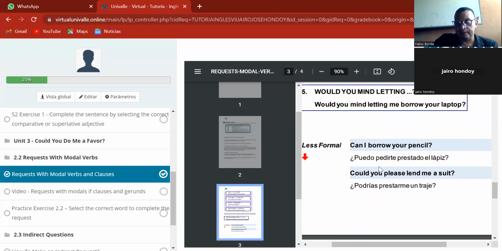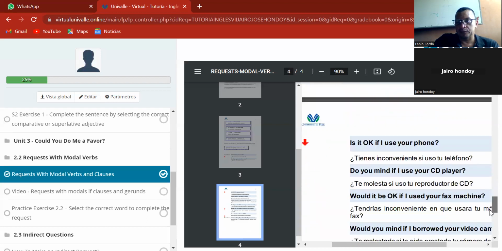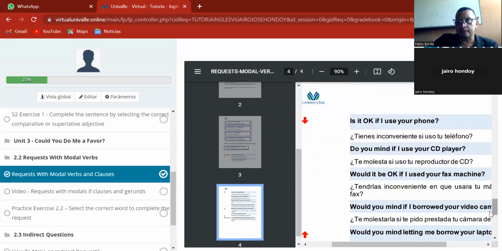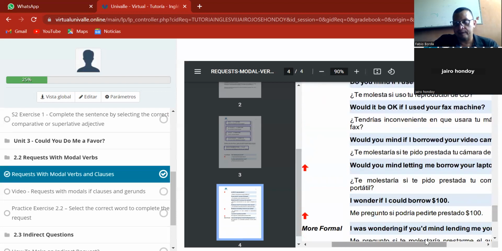Less formal: Can I borrow your pencil? Es lo que te explicaba hace un rato. Could you please lend me a suit? Is it okay if I use your phone? Do you mind if I use your CD player? Would it be okay if I use your fax machine? Nadie usa fax machine hoy en día.